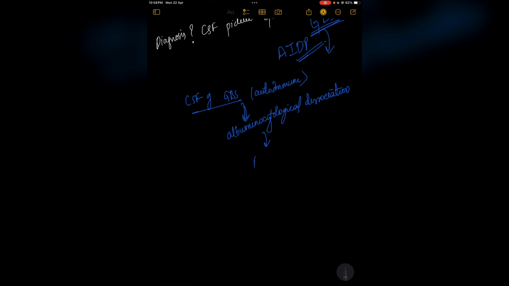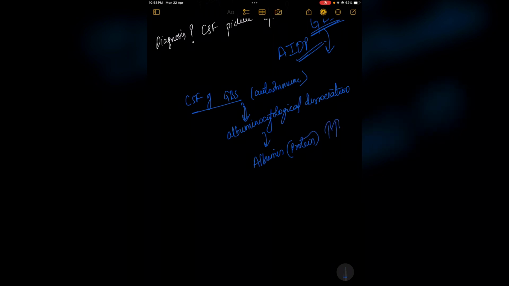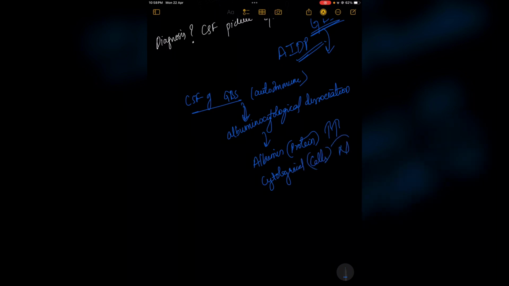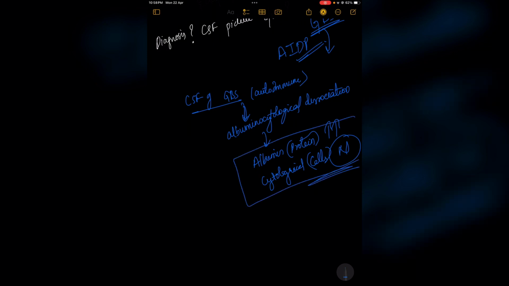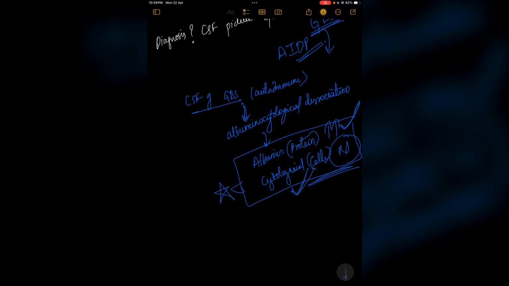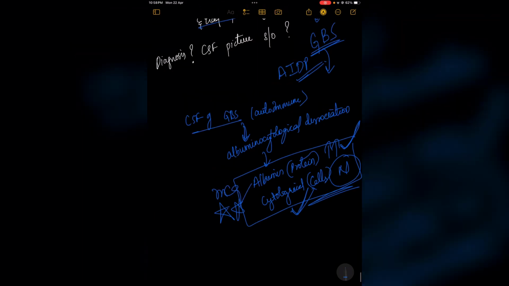Albumin is nothing but protein. Protein content will be elevated, but the cytological count, the number of cells, is normal. That means albuminocytological dissociation means cell count will be normal but protein count will be high. This is a very important MCQ.